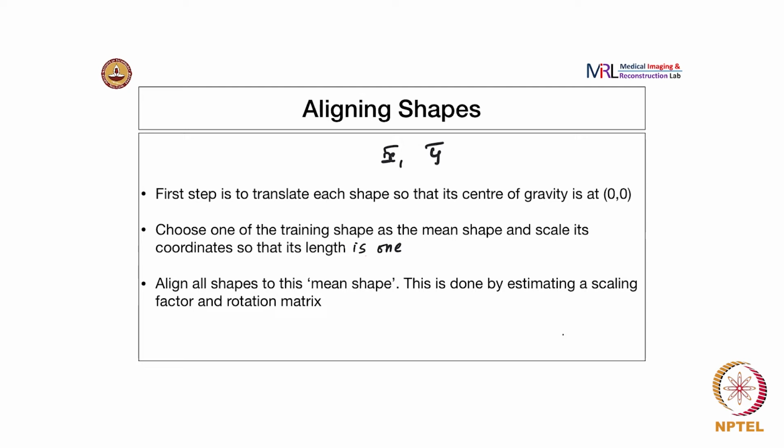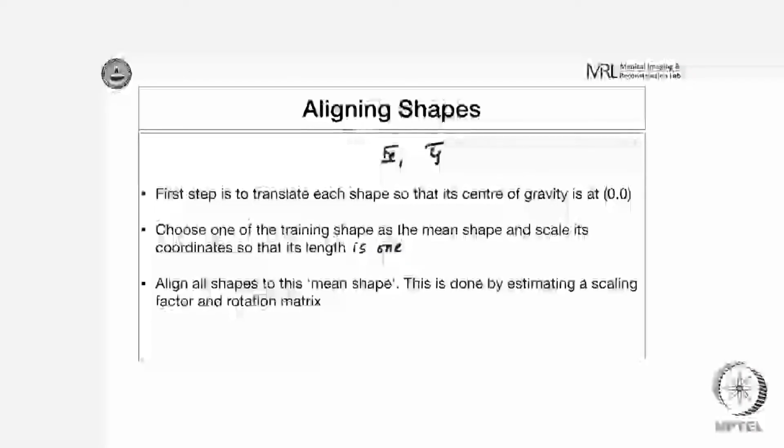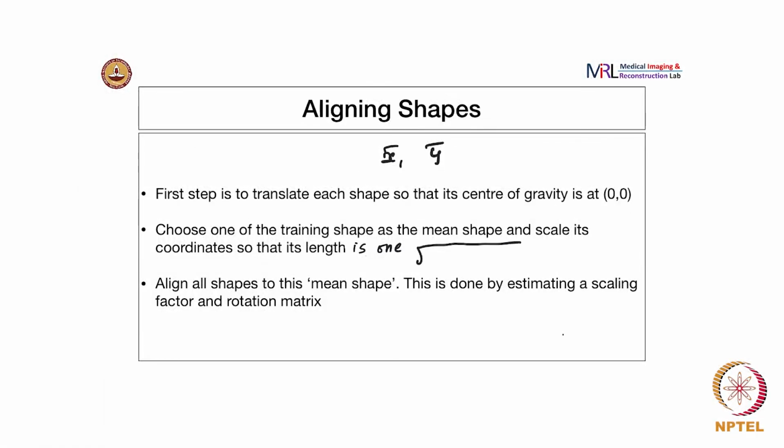The second step is to choose one of the training shapes as a mean shape and scale its coordinates so that if you calculate its length, it's unity. So basically what we want, for a particular shape, is the square root of x1 square plus x2 square plus so on up to xn square, with n points, equal to 1.